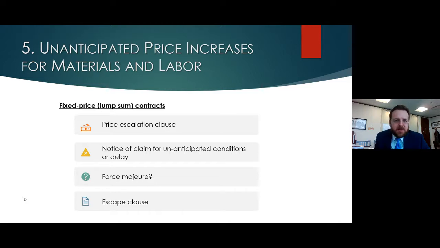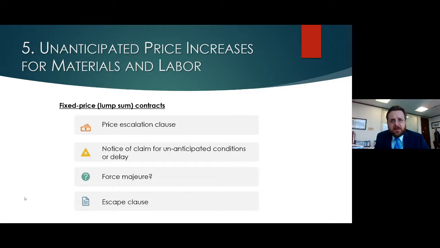It was something that you did not anticipate and could not have reasonably foreseen that caused it to happen, and because of that cause, prices have increased. Therefore, you should not be at risk. You should not be responsible for the price increase. If we're going to travel down that road, make sure you provide timely notice. Most unforeseen conditions provisions require timely notice, written notice most often. So be on the lookout for that.